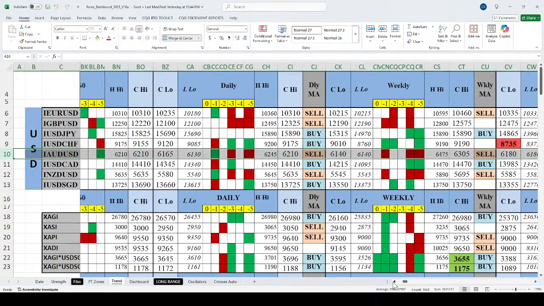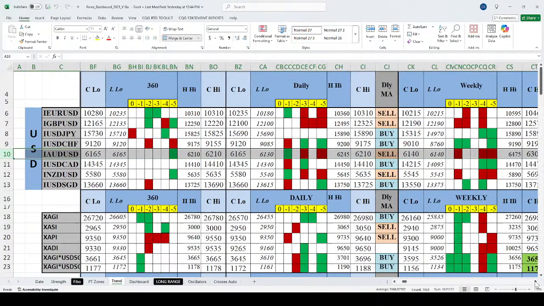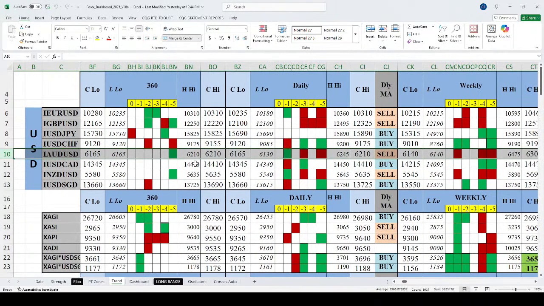So again, we are getting a mixed signal on this currency. So we either go for a cautious sell, because yesterday was an up day, so we will see. I wouldn't consider it a sell and hold. It's just a cautious sell.